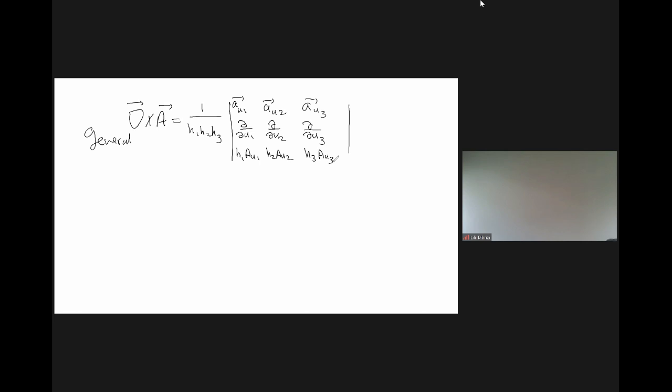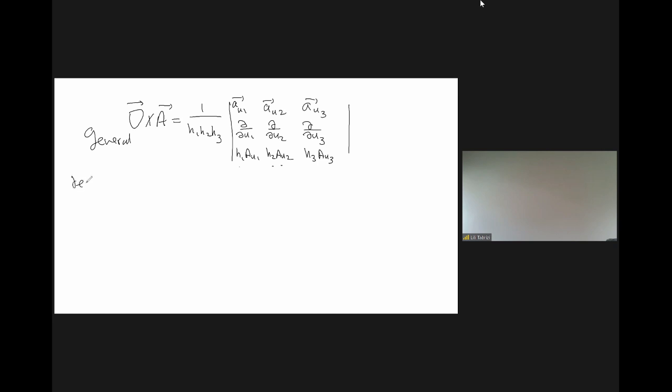It's a cross multiplication, finding the determinant of this 3 by 3. Instead of checking the formula, I want to perform each one in each coordinate system to practice, just in case you don't have access to the formula. At least this is easy.